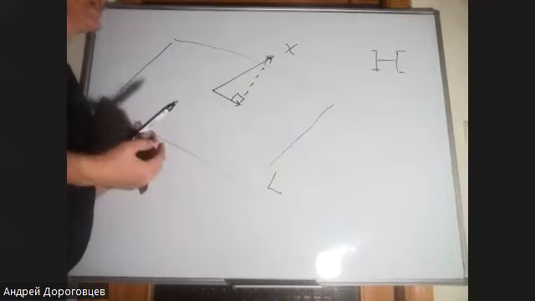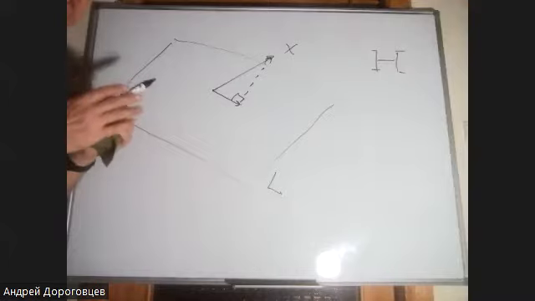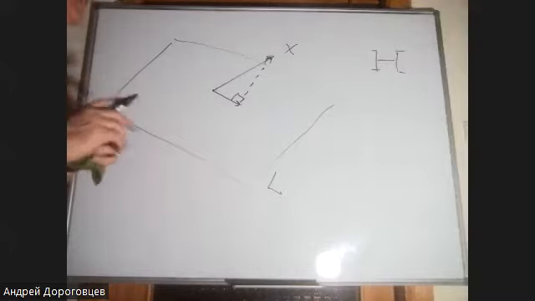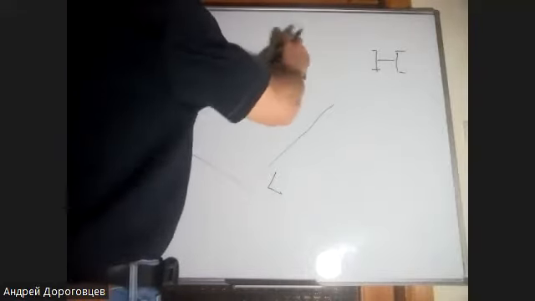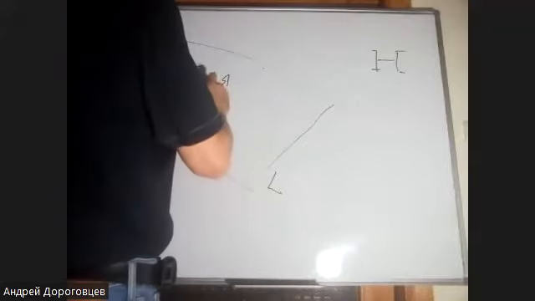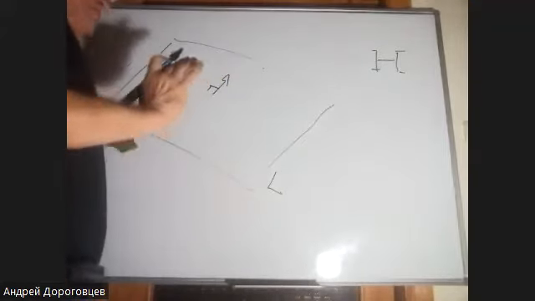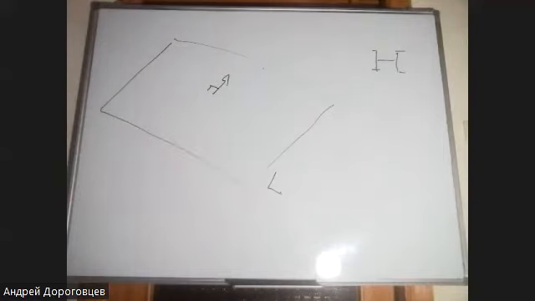So a very important thing in this consideration was the existence of vectors orthogonal to our space L, such that we have orthogonality to any vector from the subspace.